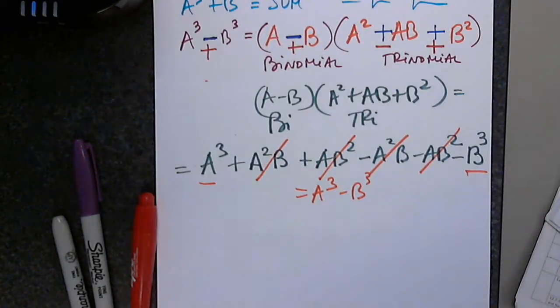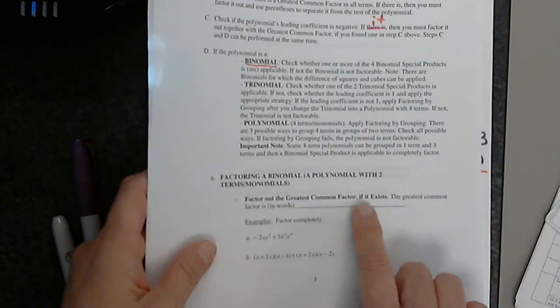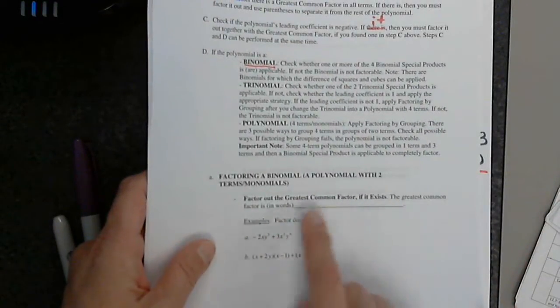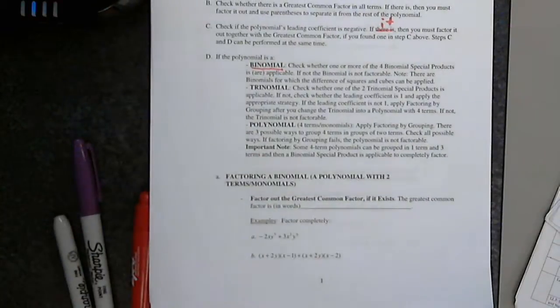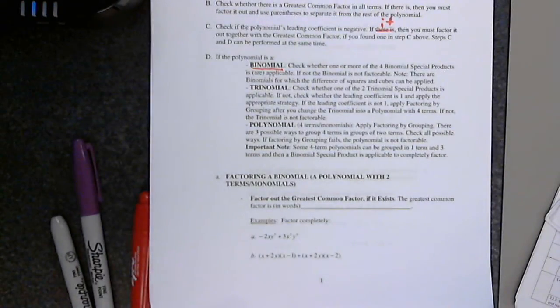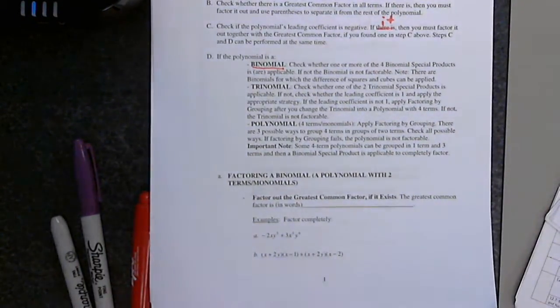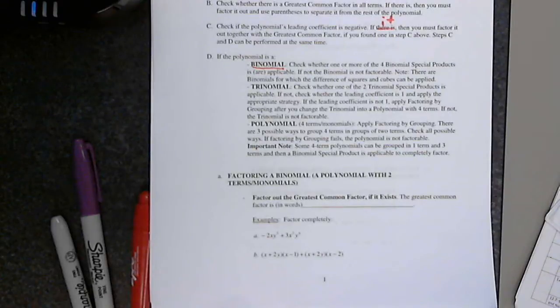So now let's apply these formulas in problems. So let's come back to the first page of the handout. Factor out the greatest common factor if it exists. The greatest common factor is, please tell me in words, what is the greatest common factor? So I can apply the greatest common factor here. So what will you say in words is the greatest common factor?